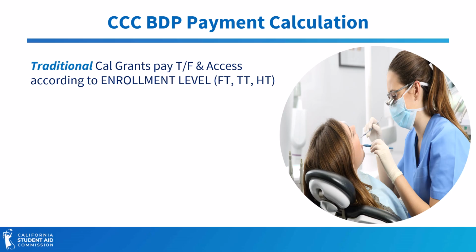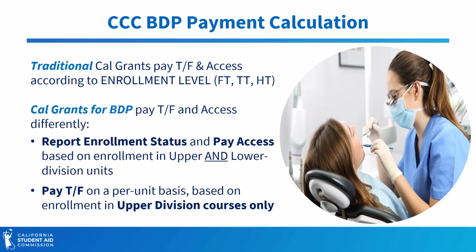Let's compare and contrast the way payments are calculated for traditional Cal Grants versus our BDP programs. Traditional Cal Grants pay tuition and fees and access based on enrollment level, full-time, three-quarter time, or half-time. In contrast, Cal Grants for bachelor degree programs pay tuition and fees and access differently. Many BDP students are concurrently enrolled across both upper and lower division units, so you will report enrollment status based on enrollment across both upper and lower division classes.